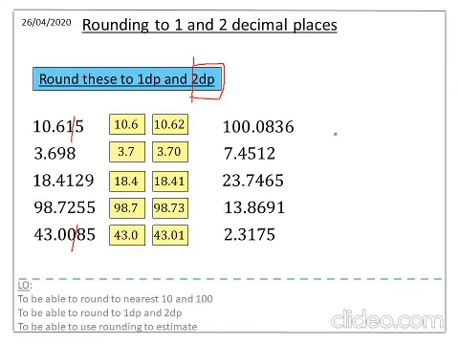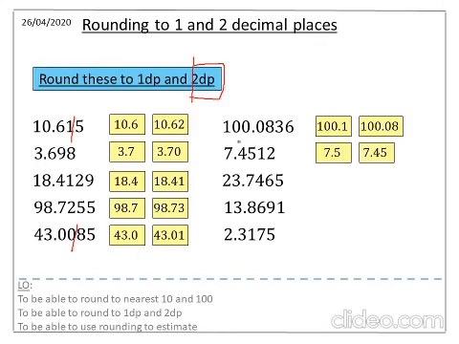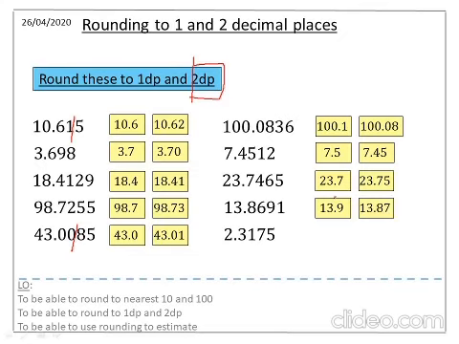Then 100.08 for one decimal place will be 100.1. Then 7.5 becomes 7.45, 23.7 becomes 23.75, 13.9 and then lastly 13.87.